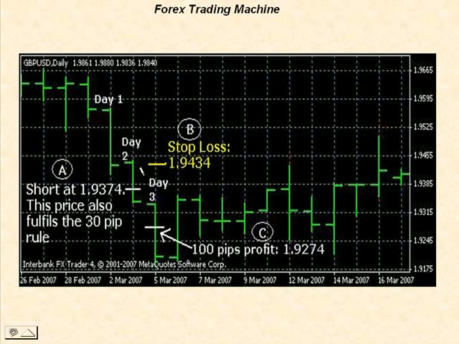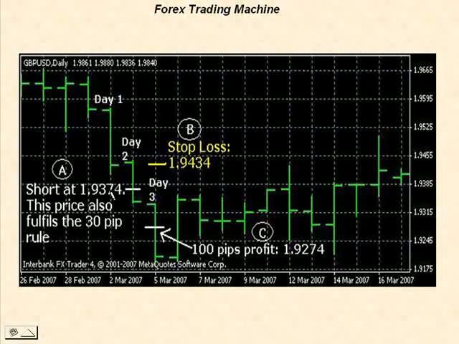Okay, as we can see here, again, this is day 2, day 1. As we can see here, the short at 1.9374 is also 30 pips below the low of day 1. Okay? So we have two elements that have been fulfilled. The 70 pip move, which also contains the 30 pip rule.